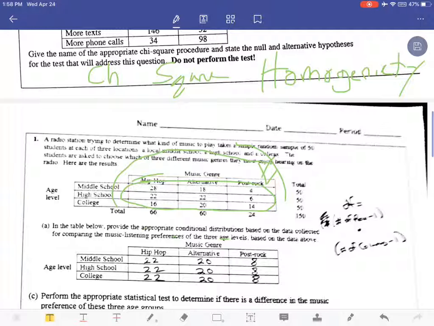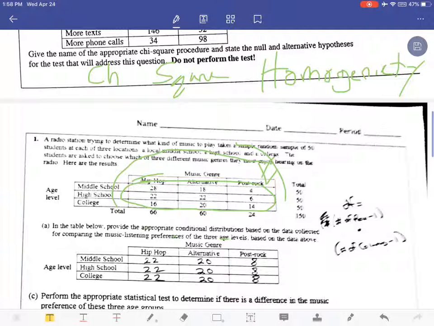So instead of going to these 3 different schools and doing separate samples of 50, we would go and just select 150 students at random and then put them into categories: middle school, high school, and college. Notice the difference. Homogeneity is more than one sample. We had 3 different samples, one from middle school, high school, and then last from college.